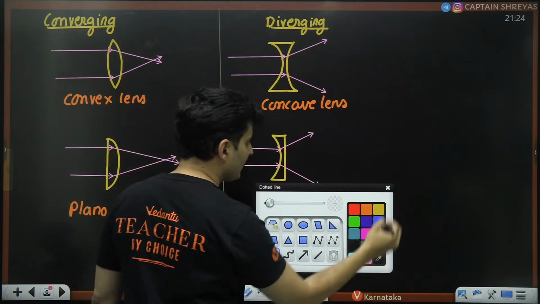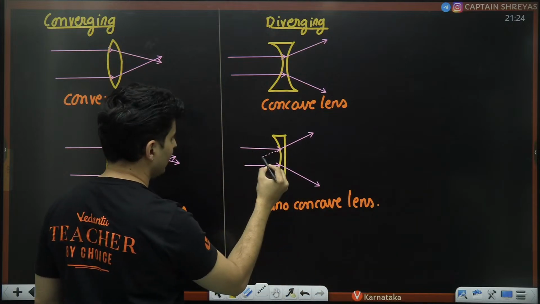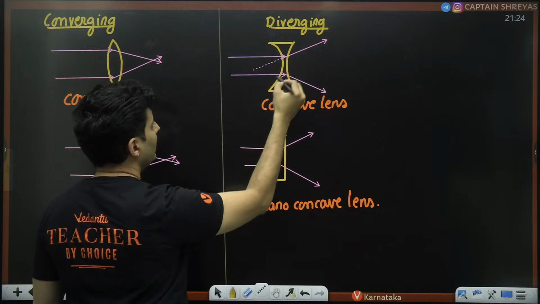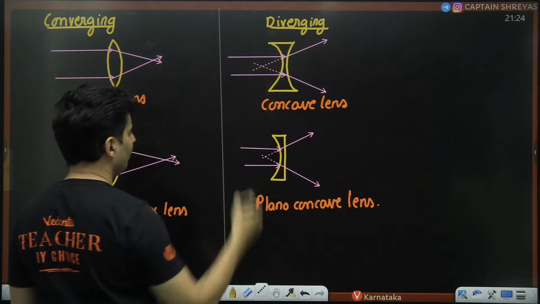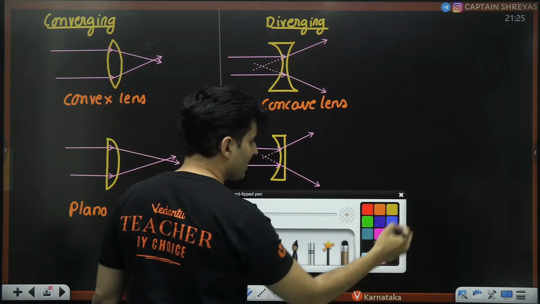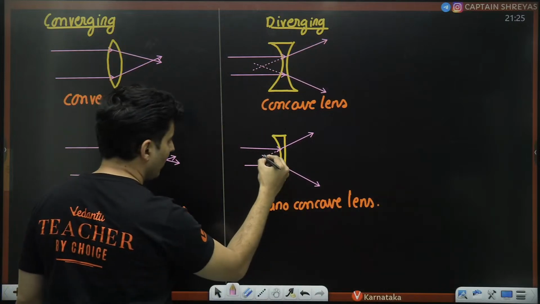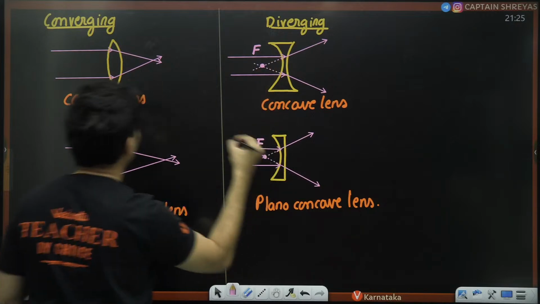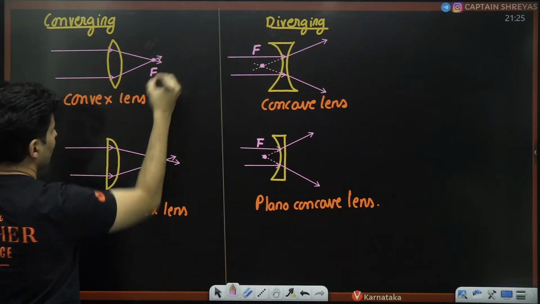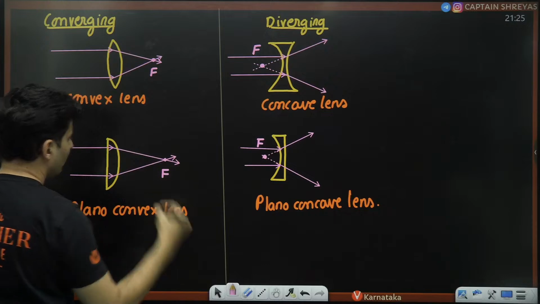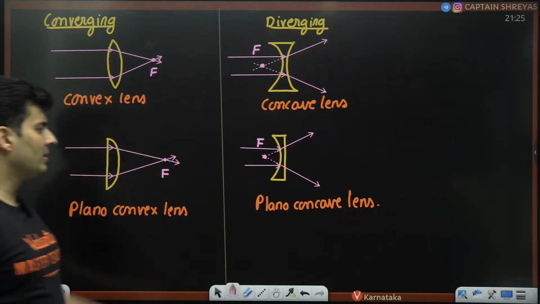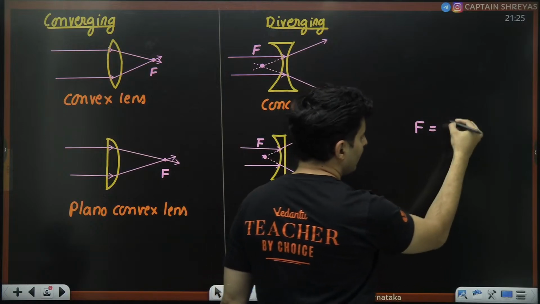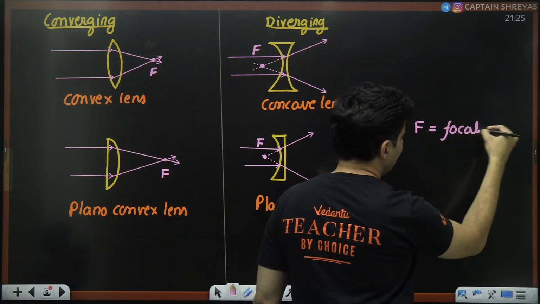In fact, you can see where they diverge from by extending those lines behind. The point from which they exactly diverge or converge, here they converge at this point, here they converge at this point, that is called the focal point. F is nothing but the focal point.